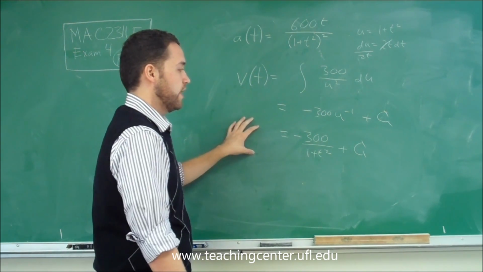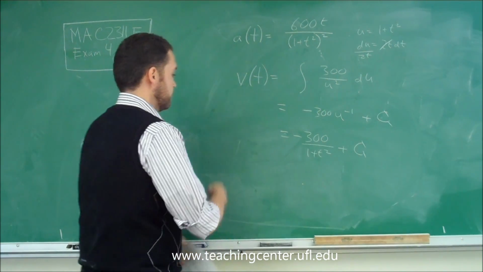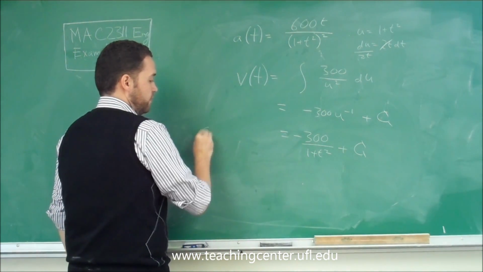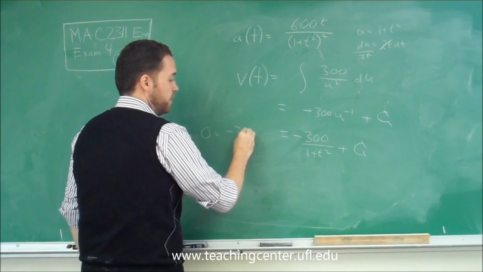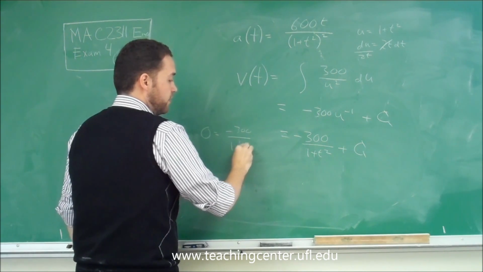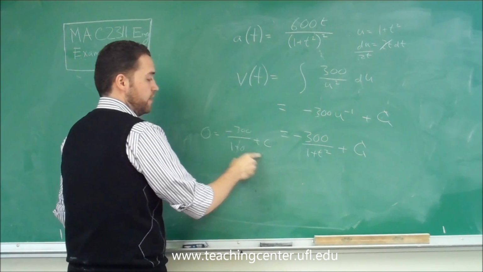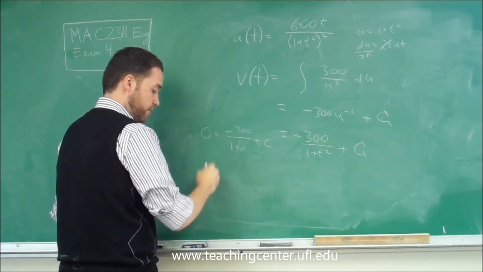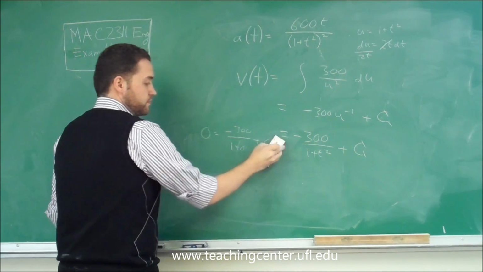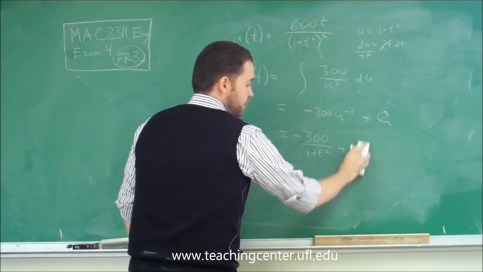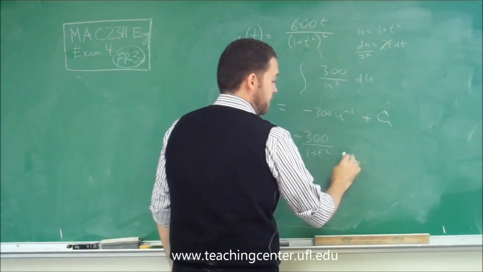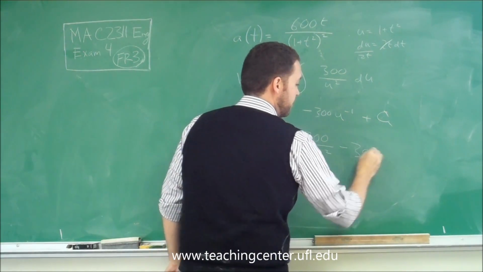So you can add the 300 over, and you get c equals 300. You say that 0 is equal to negative 300 divided by 1 plus 0 plus c. Then you just add all this over, and you get c equals 300.